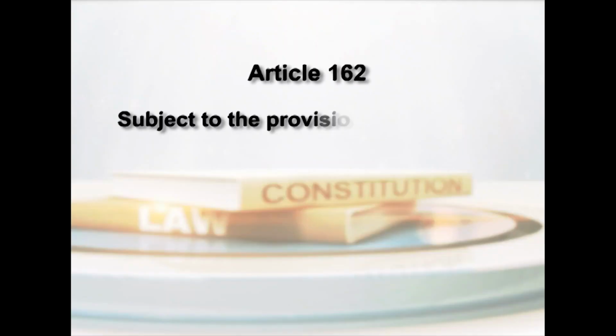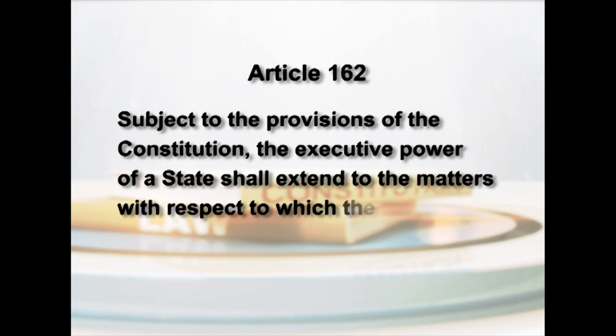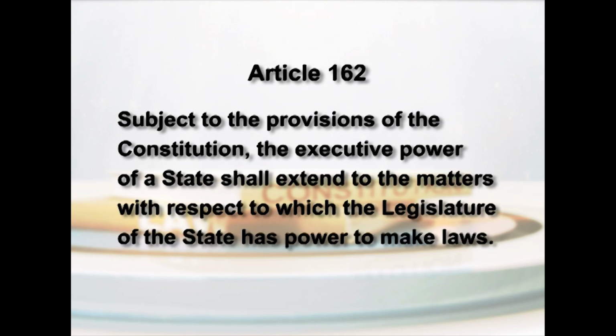Article 162 says that subject to the provisions of the Constitution, the executive power of a state shall extend to the matters with respect to which the legislature of the state has the power to make laws, that is, the state list. Now, this much was okay. There was a proper allocation of power, maybe uneven, but there was at least an allocation of power.